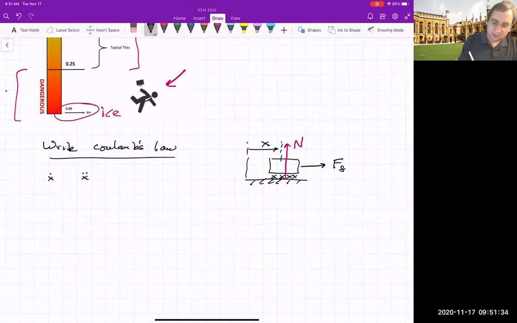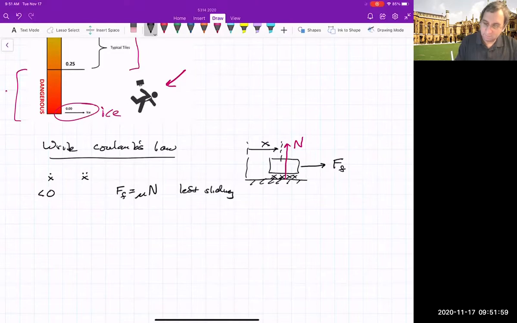So if x dot is less than 0, it means we're moving to the left. Doesn't matter what x double dot is. The force of friction is equal to mu N, sorry, mu N. And this is left sliding. So we're just writing magnitudes.